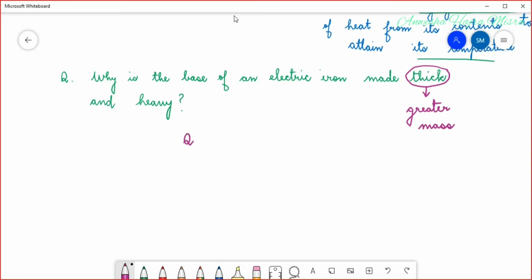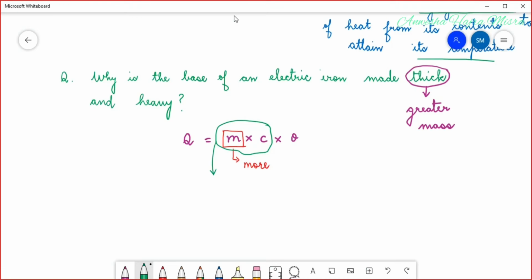So Q equal to M into C into theta. This mass is more. If mass is more, then the product of M into C is more.